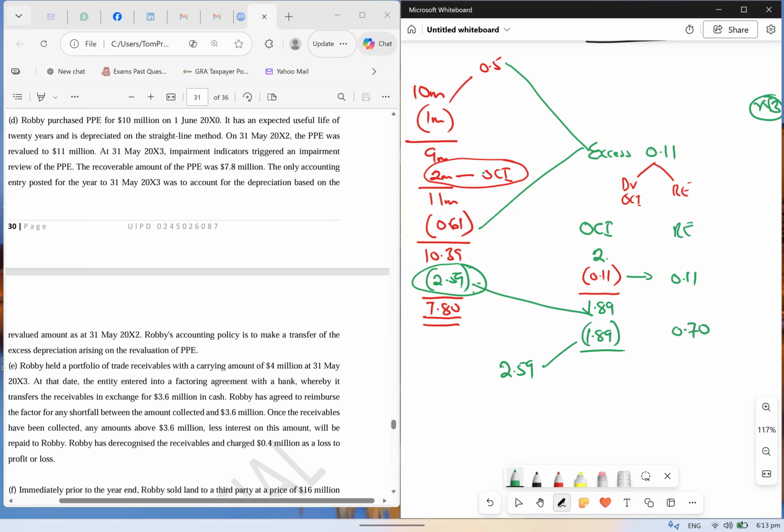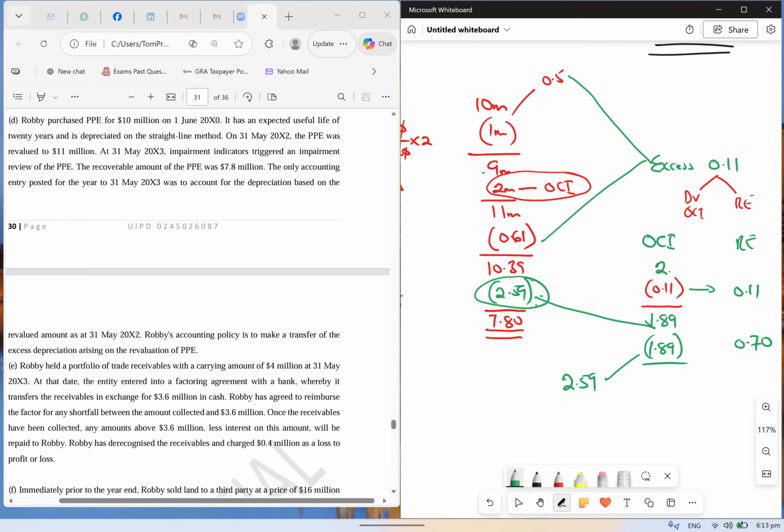That will go to your P&L. So that is how you spread it. This simply means there is a revaluation loss, and anytime there is a revaluation loss, check if there was a revaluation surplus before, go and offset it. You may not see it in the question.